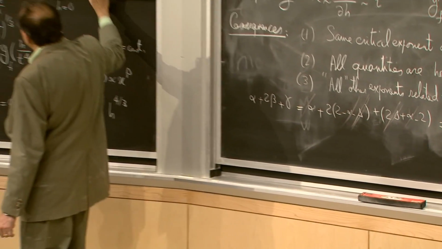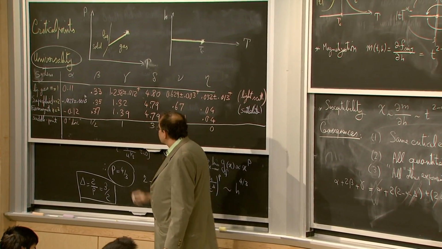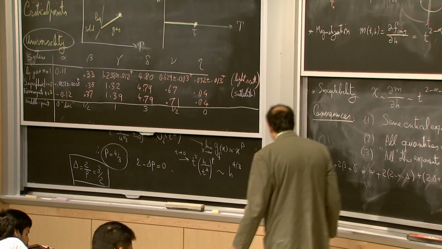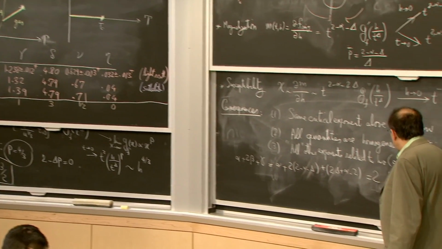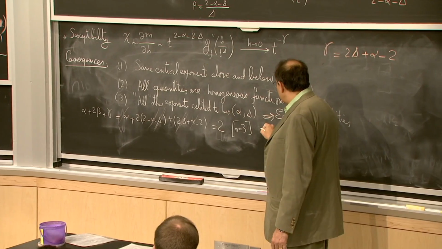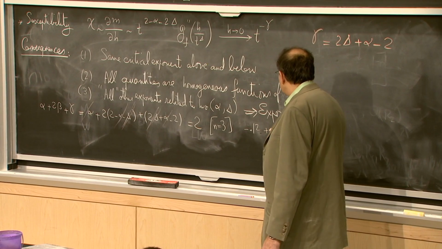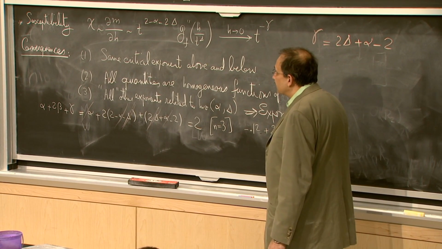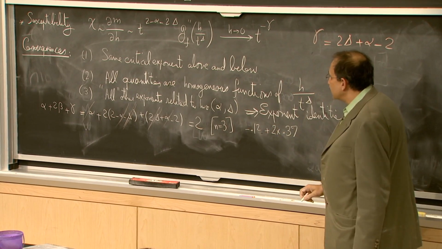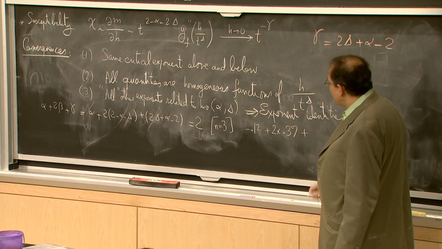So let's pick something. Let's pick the last line that has a negative alpha. So let's do n equals 3. For n equals 3, I have alpha, which is minus 0.12. I have twice beta, that is 0.37, so that becomes 0.74. And then I have gamma, which is 1.39.